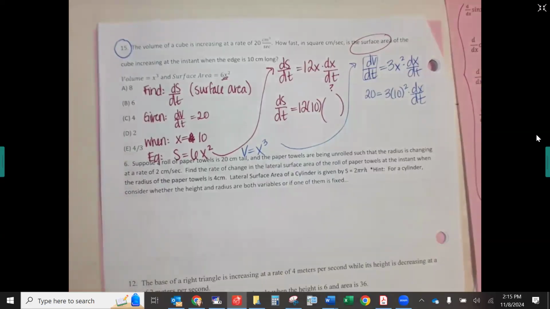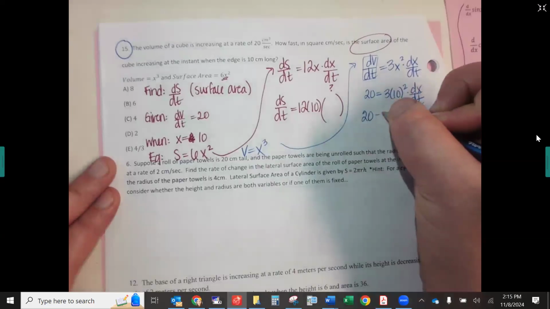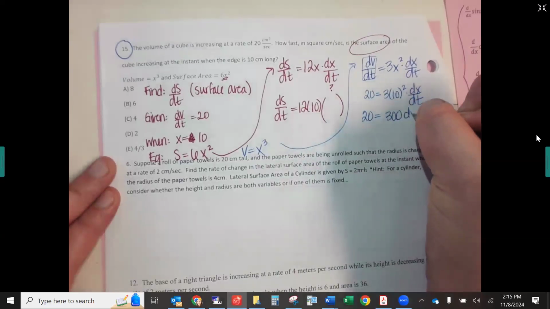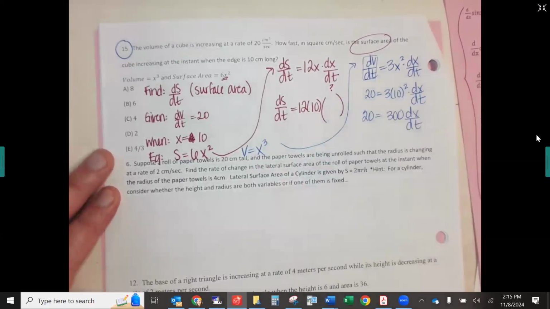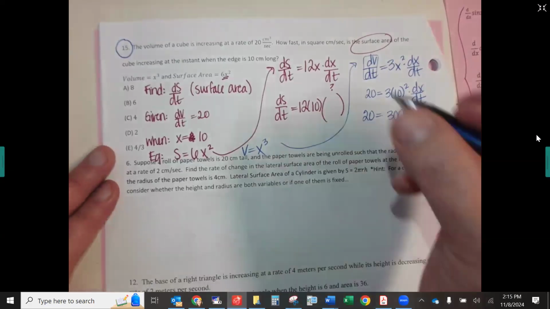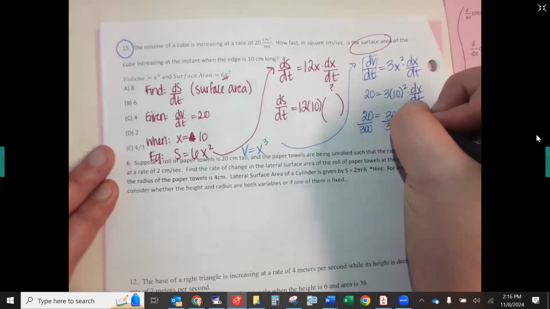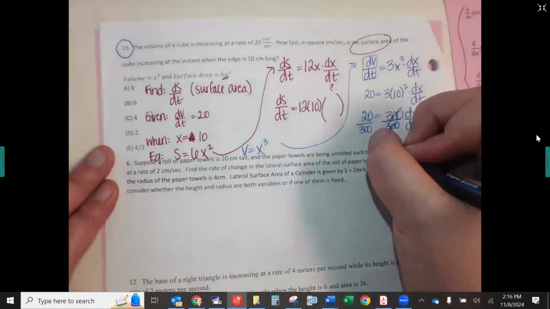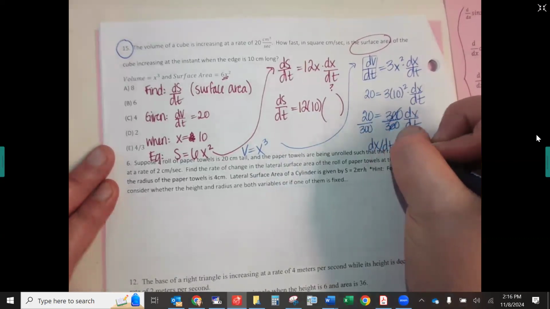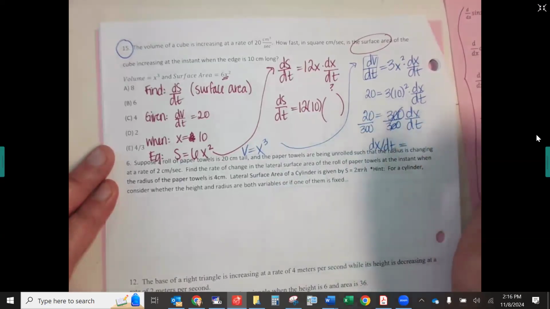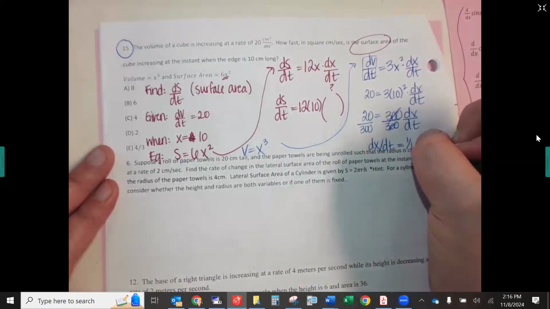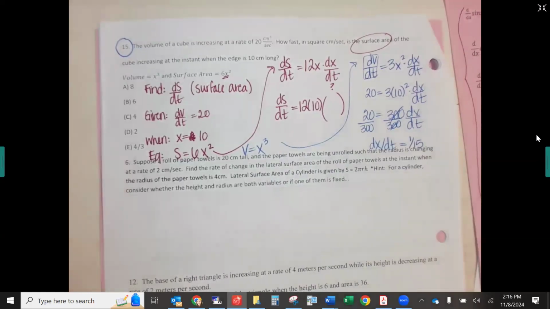Okay, remember, you do the exponent first. So 10 squared is how much? 100 times 3 is? 300. So I have 20 equals 300 dx/dt. And then I'm going to divide that 300 out of the way. So dx/dt is going to equal how much? 2 over 30, which will go to 1 over 15.